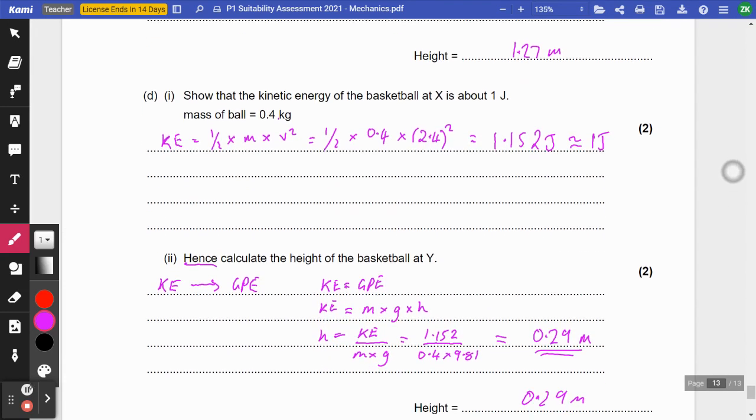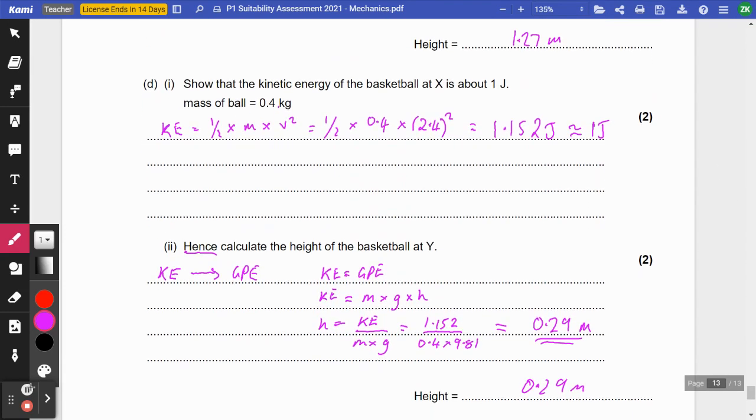Now, we know that when a ball rises, the kinetic energy converts into GPE. That's what the examiner wants you to do. That's what that word hence is dictating, for you to use what you had before and move forward, so in terms of energy and not graphically.